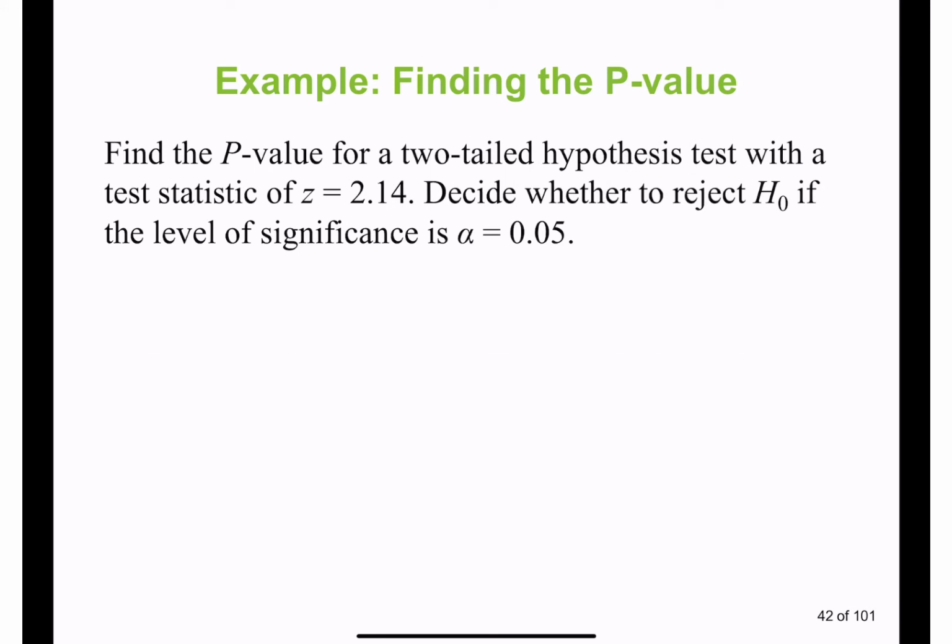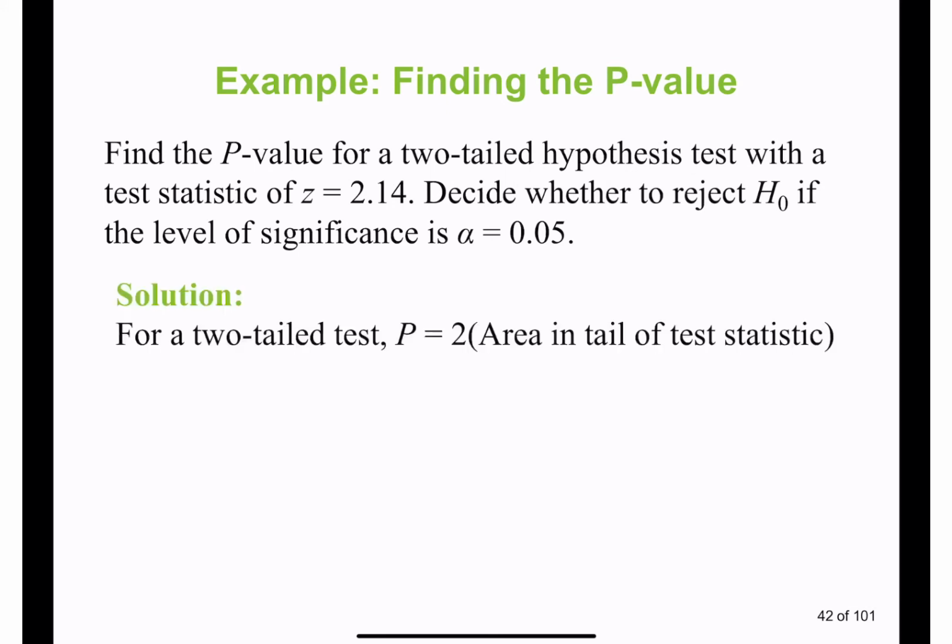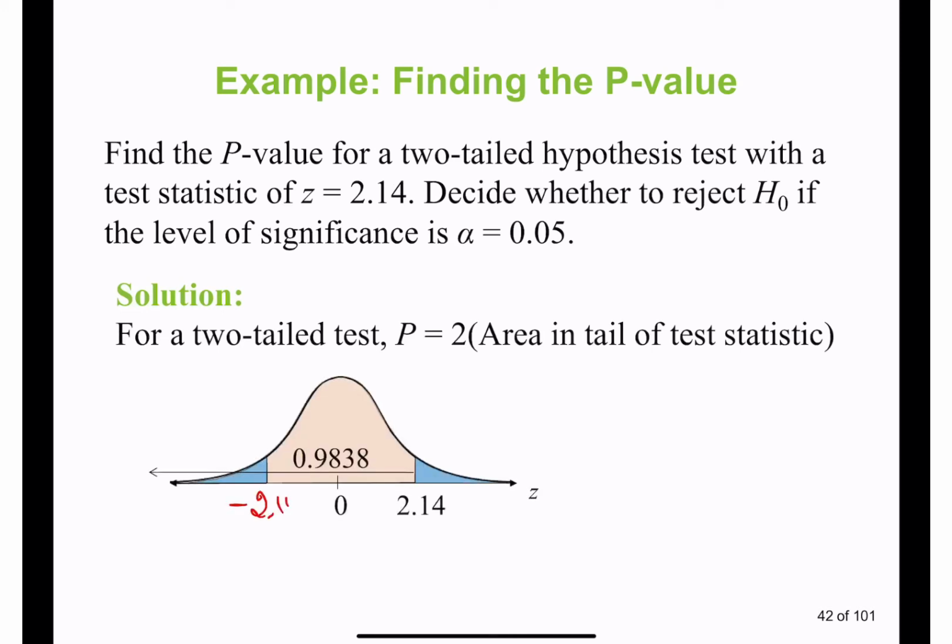Here, the z-score is two-tailed. The z-score is 2.14. So this is positive 2.14, this is negative 2.14. I'm going to show you a very easy way. When it's two-tailed and it gives you positive 2.14, these areas are equal.